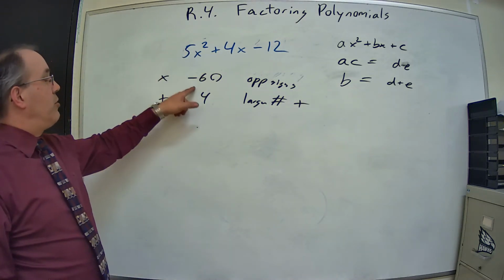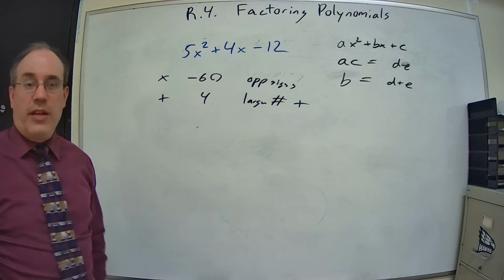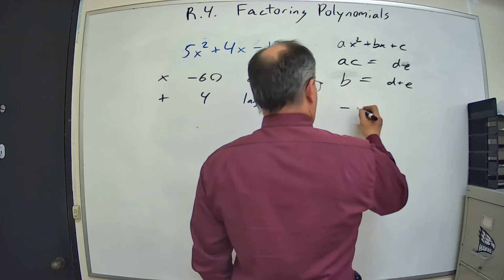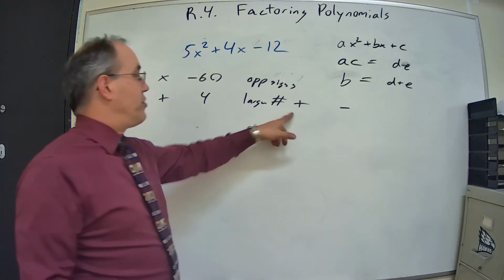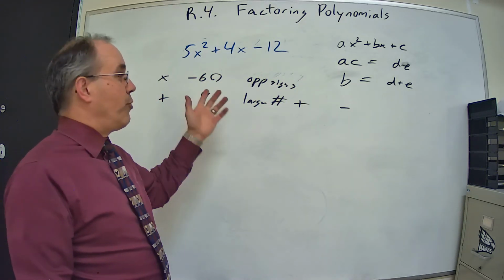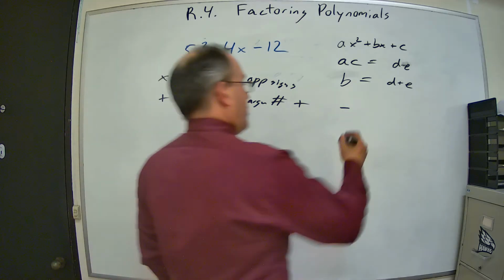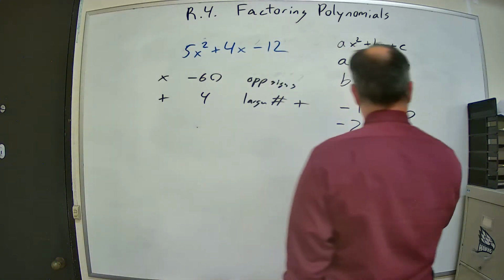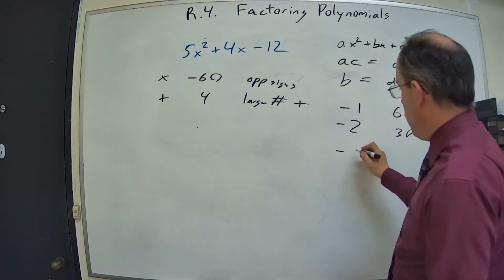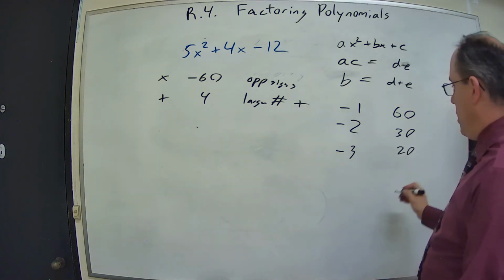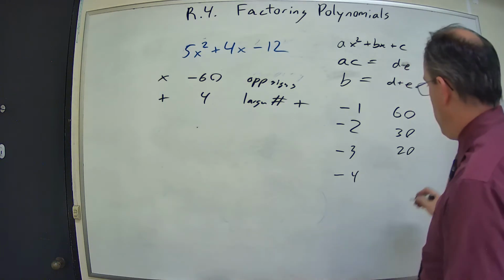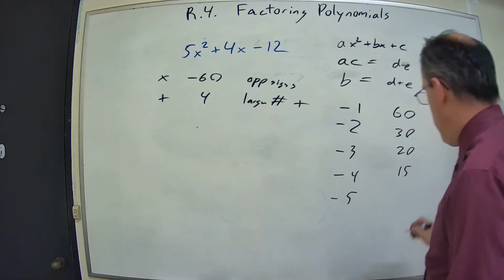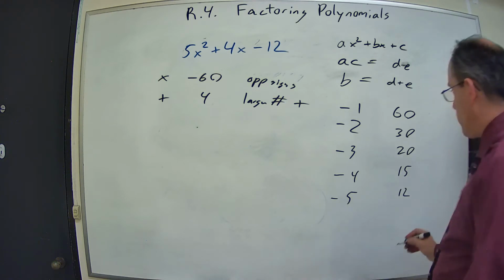Okay? So let's look at factors of negative 60. So it could be negative, and I know the larger number is going to be positive, so I can just start with the smaller side being negative. Negative 1, positive 60. Negative 2, positive 30. Negative 3, positive 20. Negative 4, positive 15. Negative 5, positive 12.